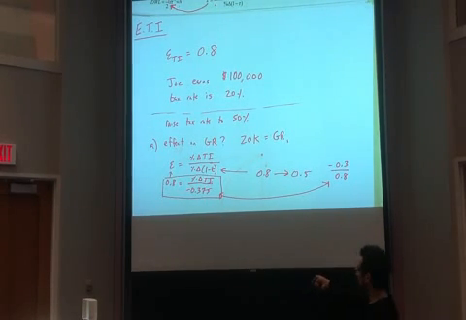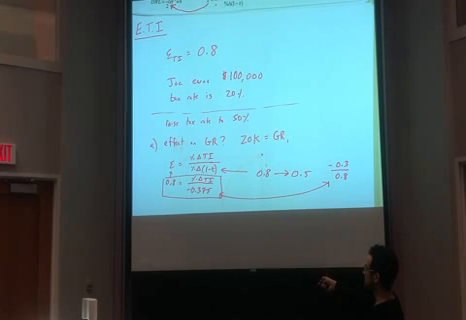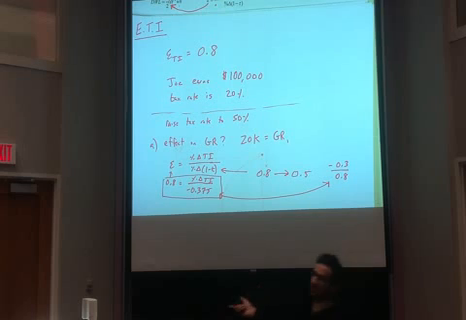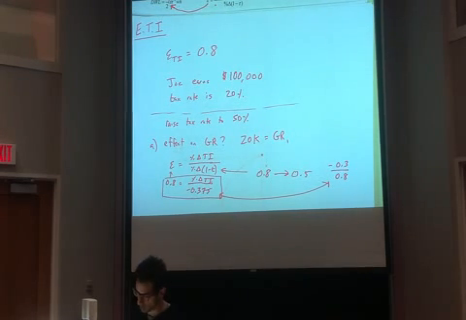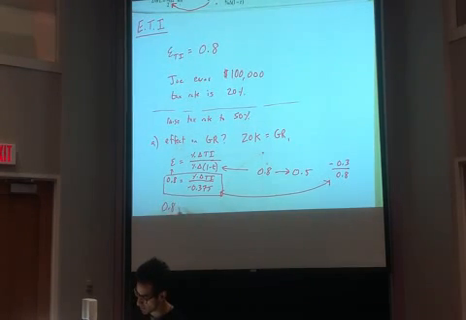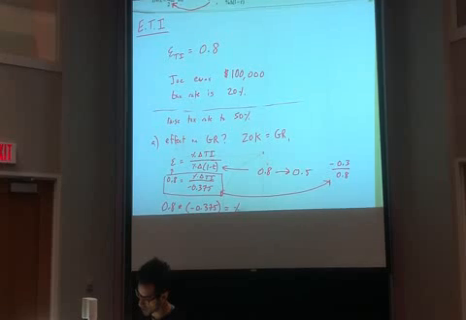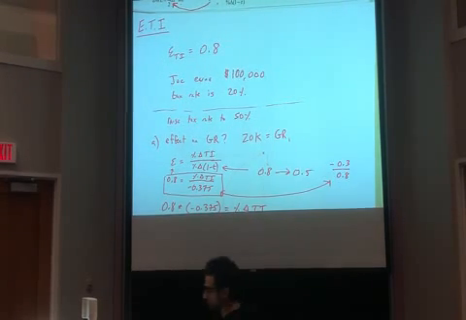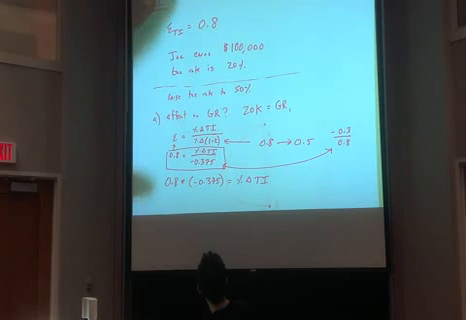This is equal to 0.8 times this. So I'm just multiplying the two sides of the equation by that denominator. So we get 0.8 times minus 0.375 equals the percentage change in taxable income. Right?